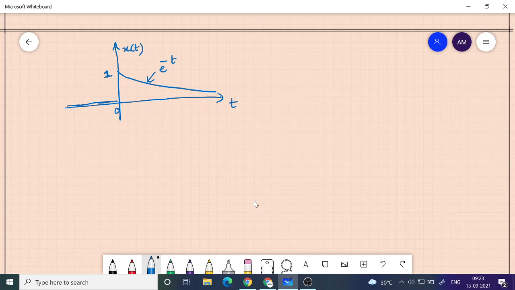e raised to 0 is 1, so that is why it starts from 1 and then decays. So what is the problem? The problem is to find the energy of the signal.